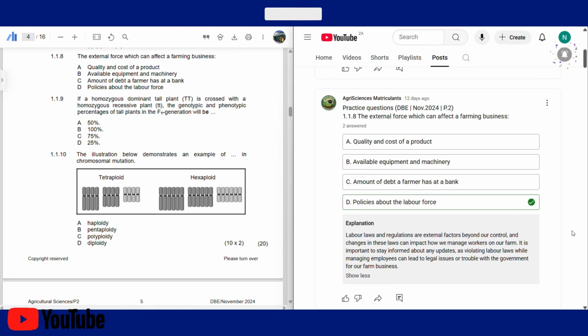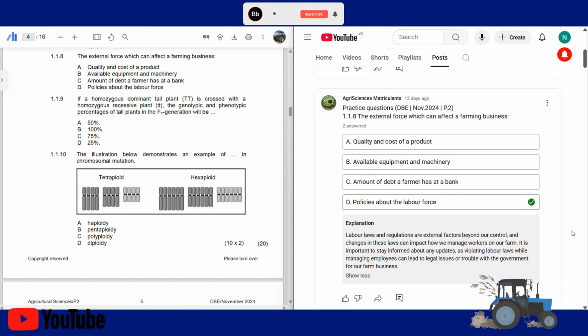So basically, policies about the labor force, they made it to be specific to labor, but when we generalize, we say these are the rules and regulations, the legislations that are implemented or imposed by the government.